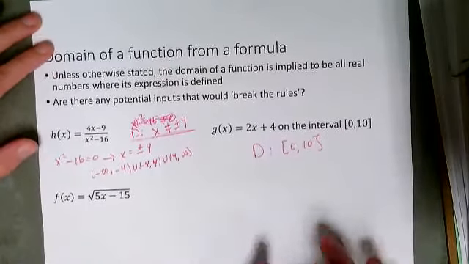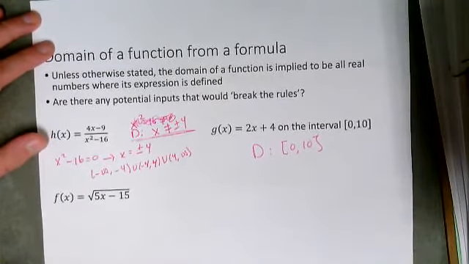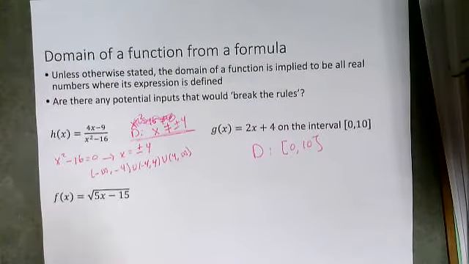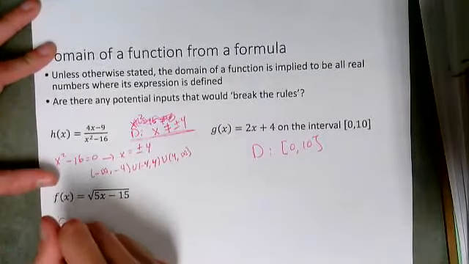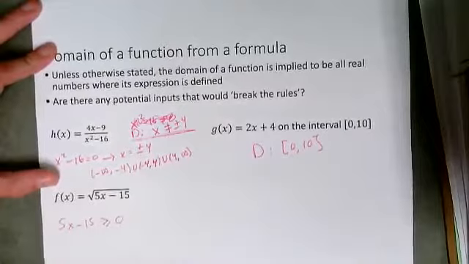Now let's look at f of x. This is a square root. Square roots, we can't have a negative inside the radical. We can have 0, right? That's something that gets confused a lot, and I still don't entirely know why, but we can have 0 inside of a radical. So we need to find out when 5x minus 15 is bigger than or equal to 0.